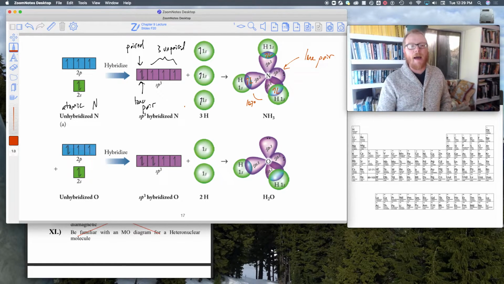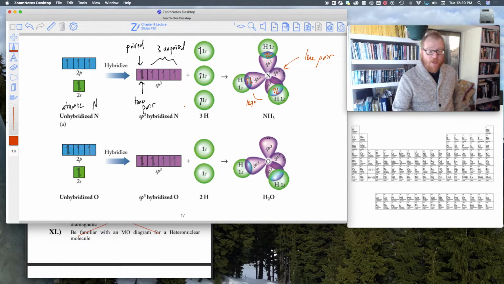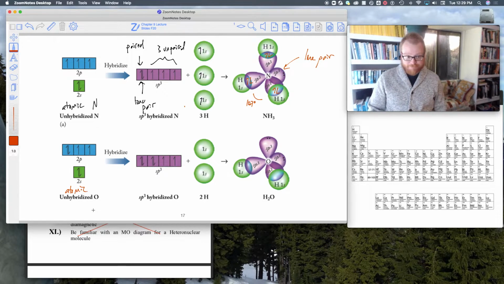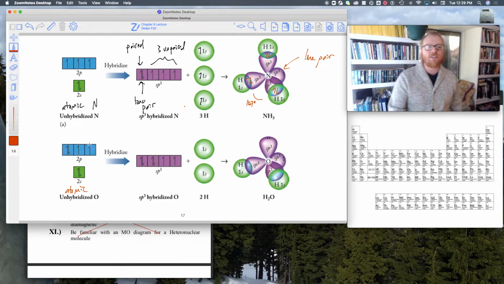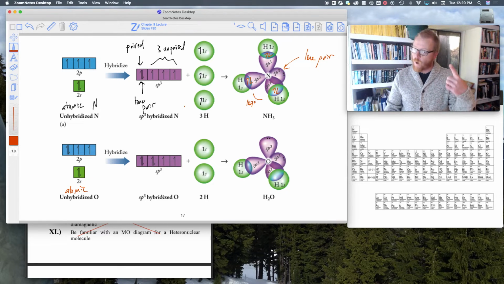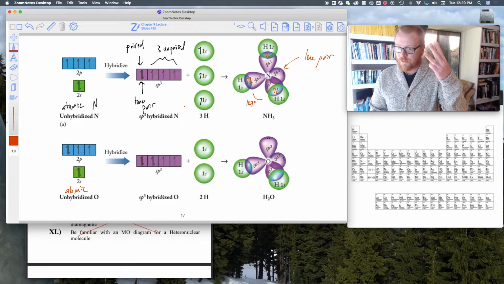Okay, so what about water? Okay, so here we have atomic oxygen, which we know is 2s2, 2p4, right? 6 valence electrons, 2s2, 2p4. And so now when we hybridize these 4 orbitals, remember, once again, sp3 is mixing 1 s orbital with 3 p orbitals.